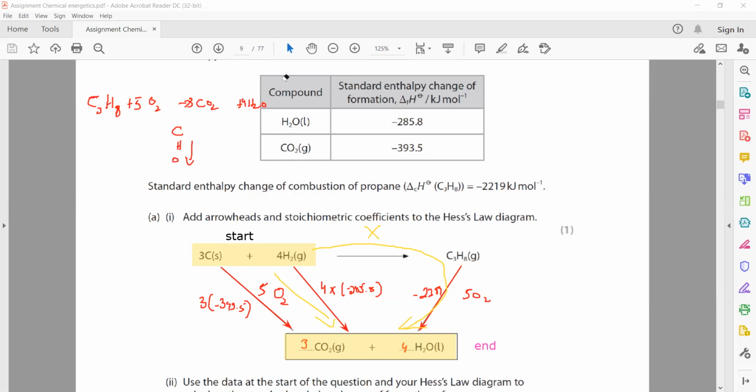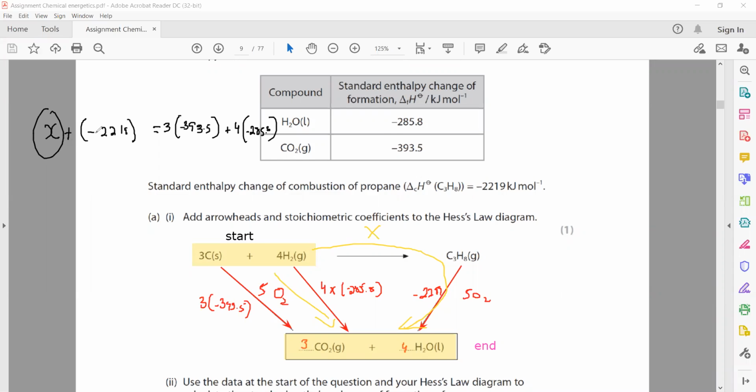When we apply the Hess law cycle, as the overall energy change is independent of the route, the equation will be X plus the energy for combustion, that is following path 1, so minus 2219, that is equal to the second route. In the second route, the energy change is 3 times the formation of carbon dioxide, which is minus 393.5, plus 4 molecules of water are produced, so 4 times minus 285.8.